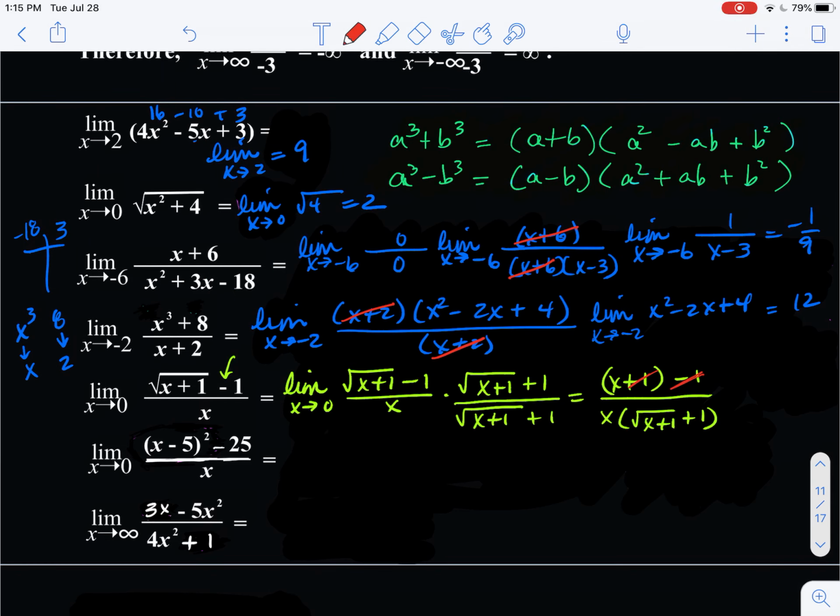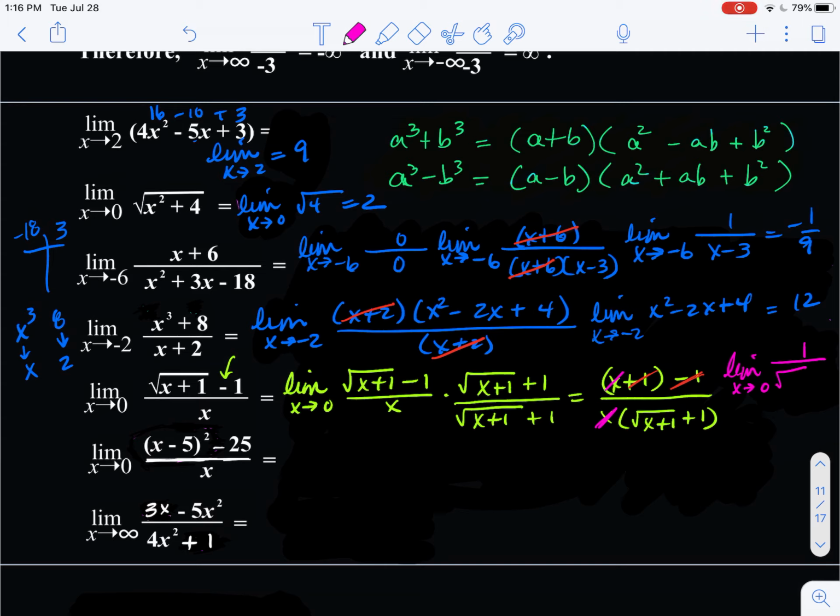Okay, so now in my numerator, I'm going to go ahead and clean up just a little bit. See this plus 1 and this minus 1? I don't need the parentheses really, because I'm just adding or subtracting, so those 1's cancel. So all I have left in the numerator is x. Now I'm going to cancel that x with the x in the denominator.